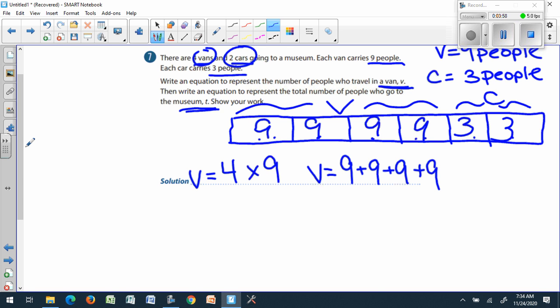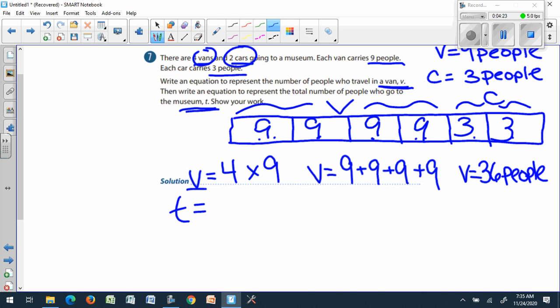Okay, but now we have to do the total. So I'm going to write T equals. I think one of the things they want us to do is use the variable V, because we know now that V equals 4 times 9, which is 36 people.